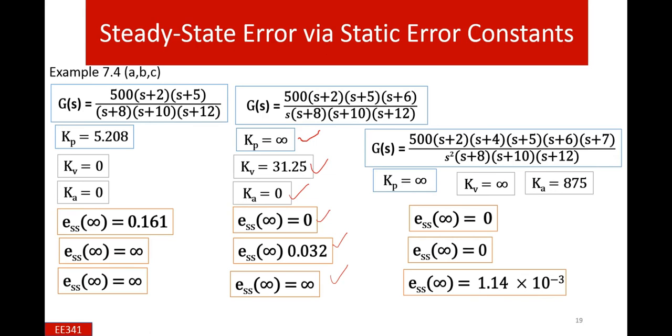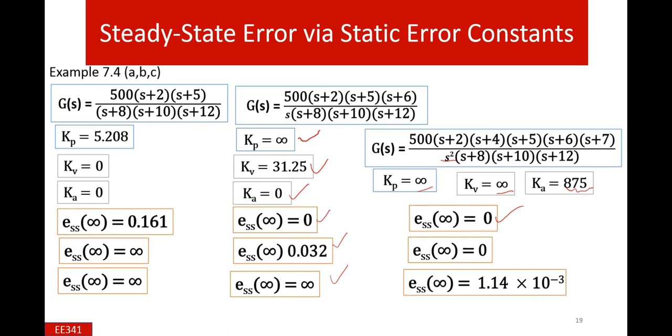And similarly, if we have a type 2 system like this one, with two poles at the origin, then the position error constant is infinite, the velocity error constant is also infinite, but the acceleration constant is some constant value. Correspondingly, the steady state error corresponding to Kp is 0.